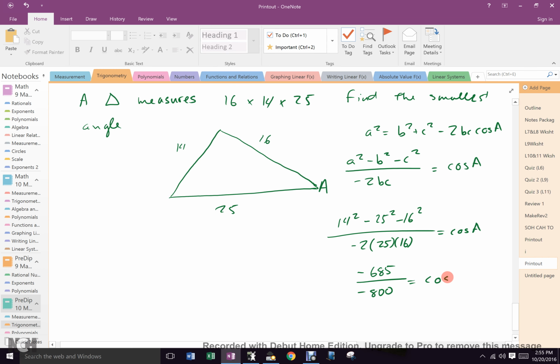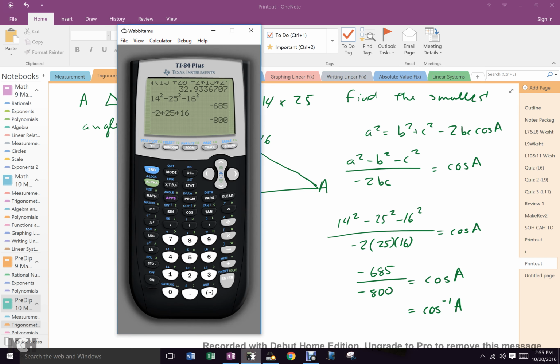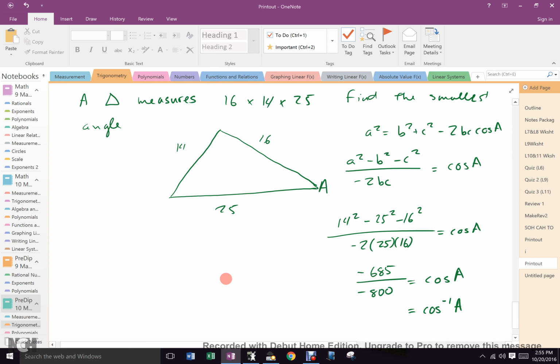Will get me cos A. I don't want cos A, I want shift cos of A. It's already positive. So I go shift cos 685 divided by 800. I don't need the negatives because I know it's going to be positive, right? And I get 31 degrees.